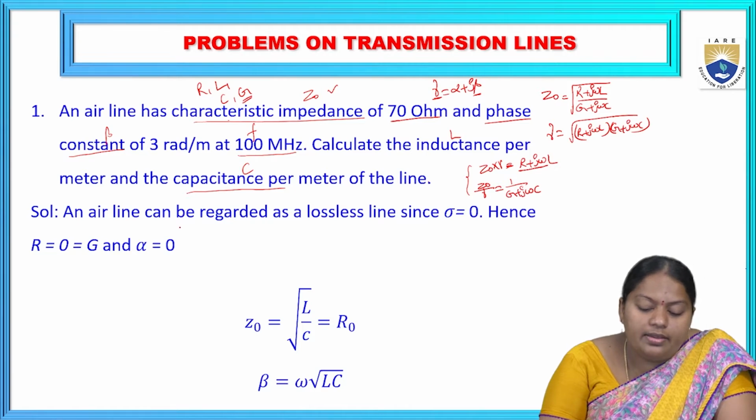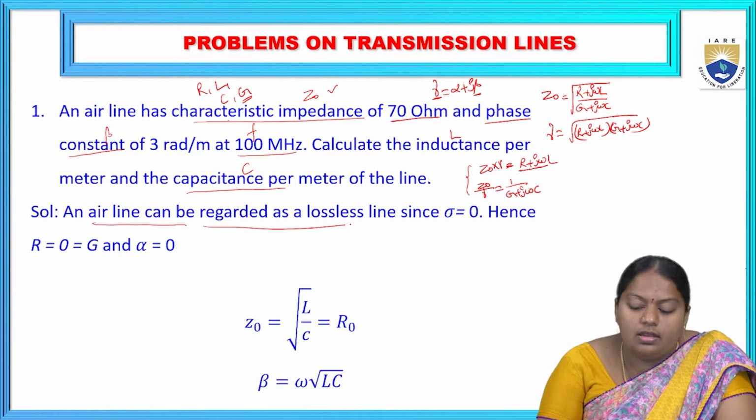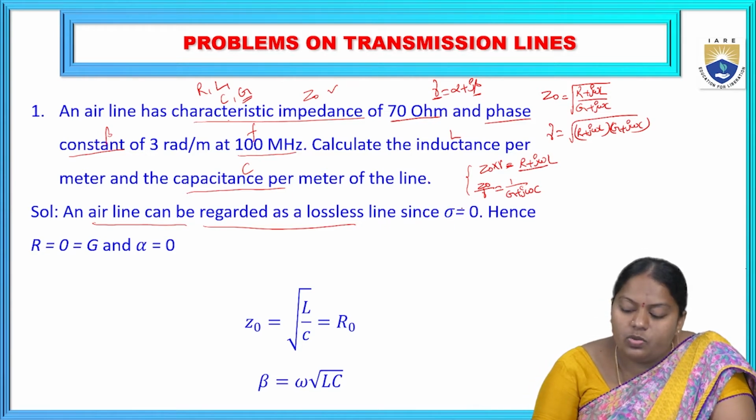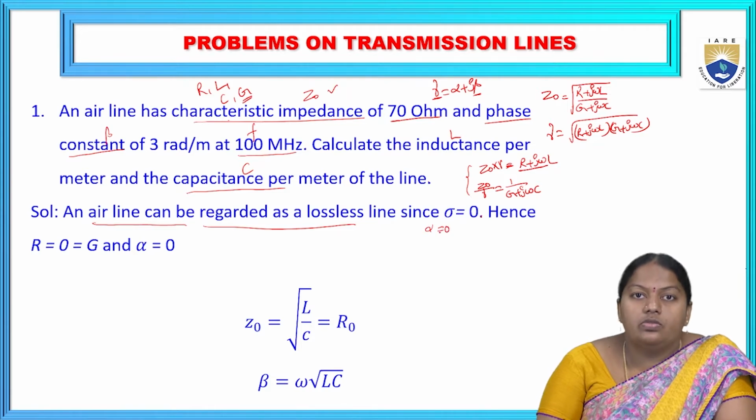An airline with a characteristic impedance like the one given can be considered a lossless line. For a lossless line, we assume sigma equal to 0. Then the attenuation constant alpha is also equal to 0.